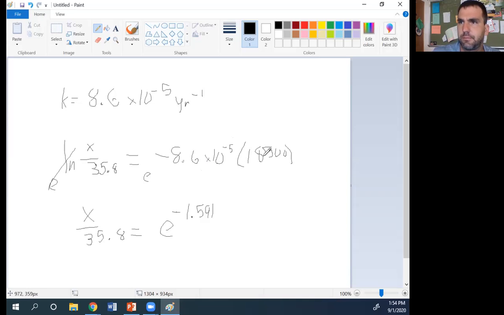So now, k times time. Now I need to get rid of e. Now e is the button on your calculator, okay? You would do second ln negative 1.591. You would do the opposite. You would do negative 1.591 second ln, okay? Your programming's backwards on that.